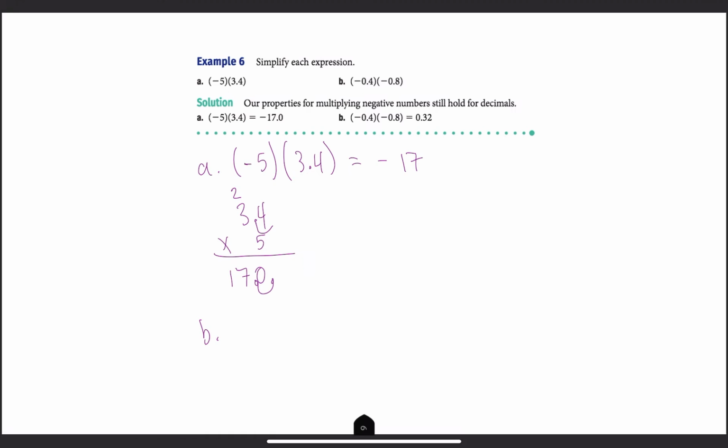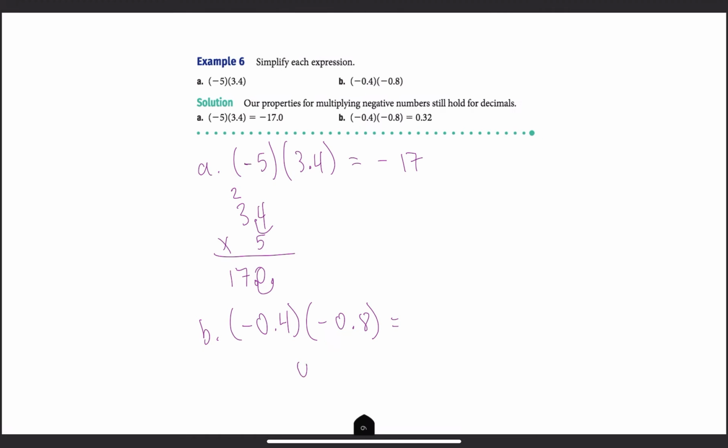And B, here it's a negative times a negative. So I know my product is going to be positive. So I'm actually not even worried about writing a sign, since the positive doesn't need a sign. Now, 4/10, so part of 1 times another part of 1, 8/10, is going to be an even smaller part of 1. So it's going to be even smaller, and that's what I would expect.